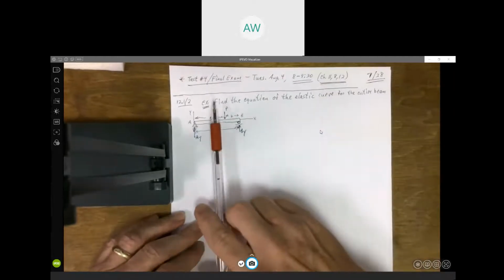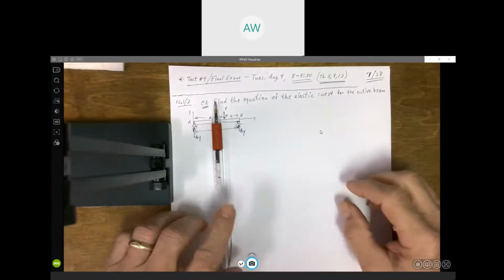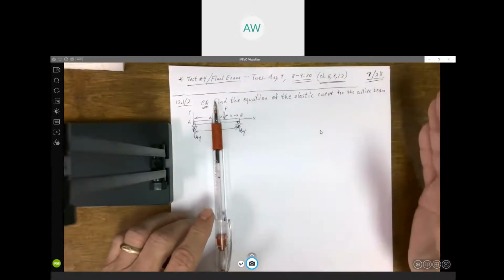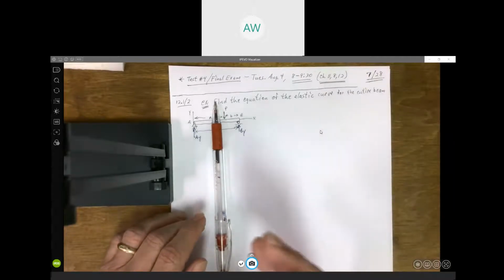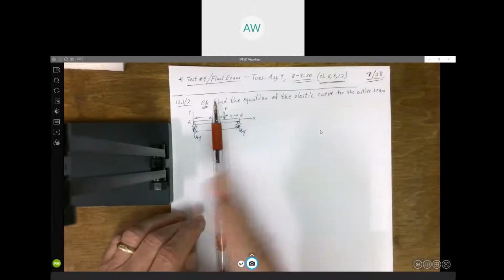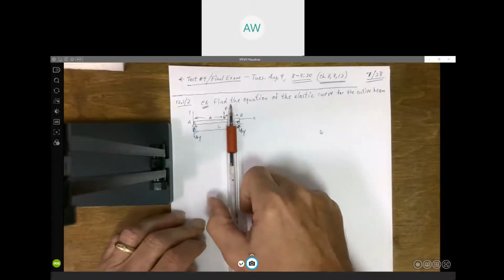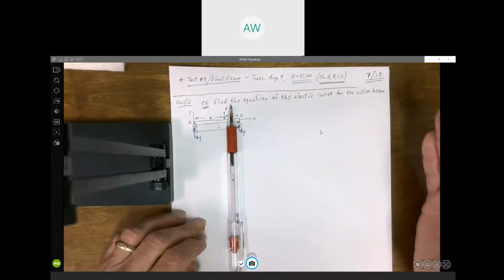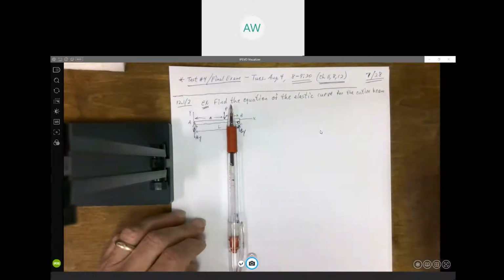We're going to have to cut it somewhere between the left end A before we get to that applied load P, because we're going to get one set of equations for V and M for that section of the beam, and then we will have to cut it again somewhere past where the loading changes. We're going to get a different set of equations for V and M on that section of the beam. It's going to require us to cut it twice.